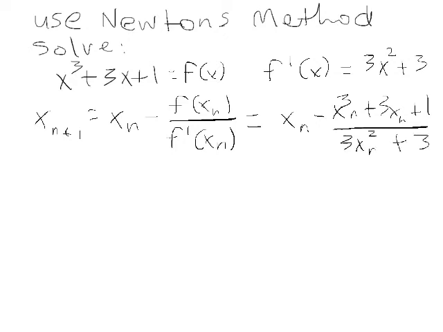And all that n represents is the number that we're looking at, like the first time through, the second time through, the third time through. So it's not a painful, horrible ordeal.